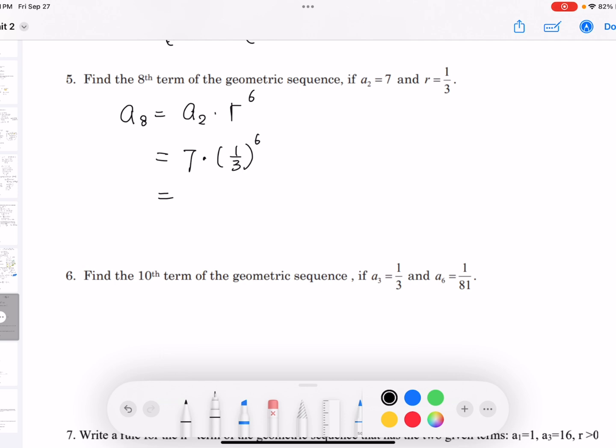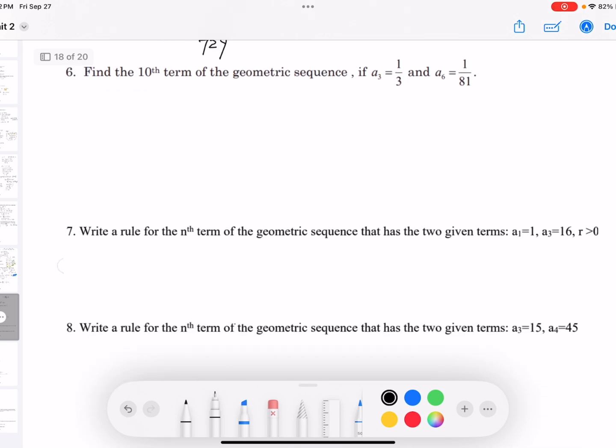If I want to keep the fraction form, we have 1 to the 6th power over 3 to the 6th power. I know that 1 to the 6th is just 1. So it is 7 over 3 to the 6th power. What is 3 to the 6th power? Let me see my cheat sheet. It is 729.